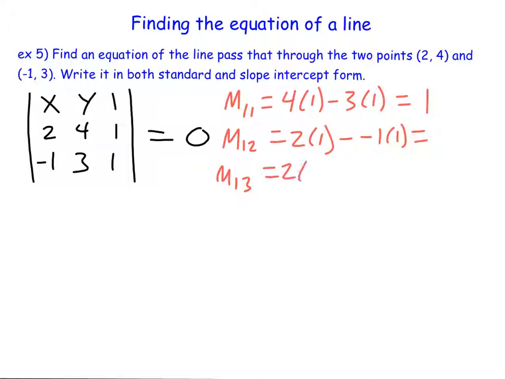And 2 times 3 minus negative 1 times 4. I kind of forgot to put an answer on there for the second one. Hopefully you did. It's 3. And that's 10. Okay, so this is all going to equal 0.